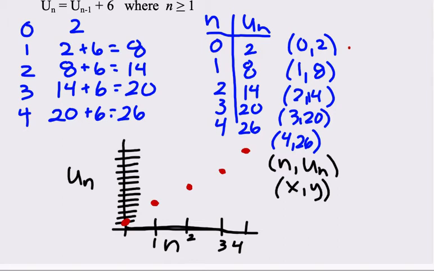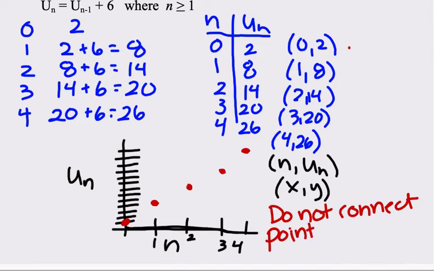So if you are asked to graph a sequence, you do not connect the points, okay? Because you are not finding out what happens between steps. That might be worth writing down: do not connect points when graphing a sequence.